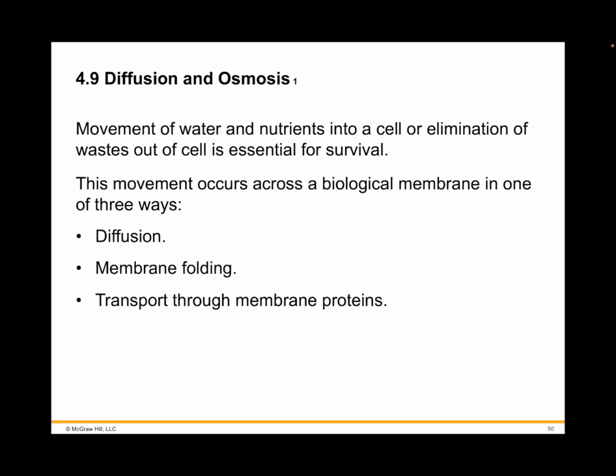So all of this moving back and forth across the cell's plasma membrane occurs in one of three ways. Water and other substances diffuse through the membrane. Food particles are engulfed by the plasma membrane folding around them, or proteins in the membrane act as doors to admit certain molecules only. So we'll begin with diffusion.